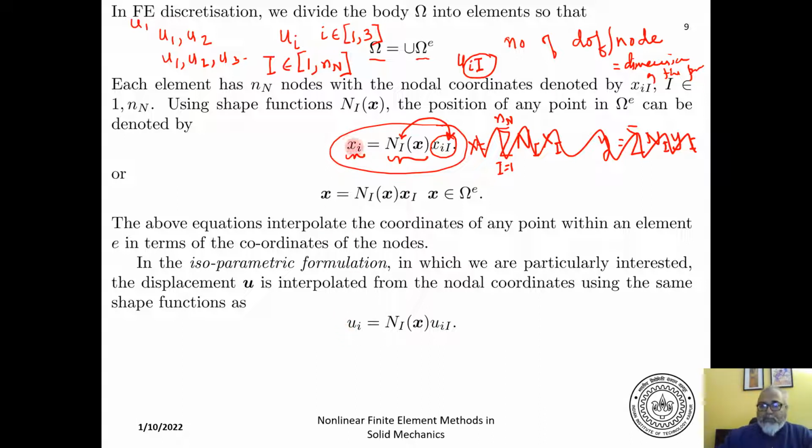So if xi can be written in this form, ui can also be written in this form, where again u_i^I is the value of the ith displacement at node capital I. So with that understanding, these two equations make perfect sense, provided you realize that there's a summation involved here, just like in i, but the summation goes from 1 to the number of nodes, not from 1 to 3. Okay, with that, we can take this notation forward and write a few more things using it.